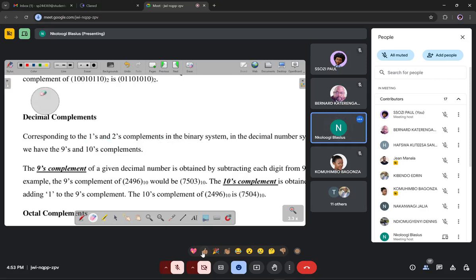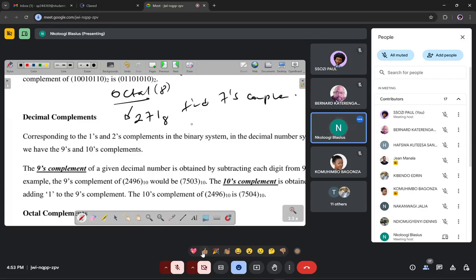For example, if I want to look at the octal base, and we know octal base is base 8, maybe I could have a number like 271, and this is in base 8, and I say I need the sevens complement.